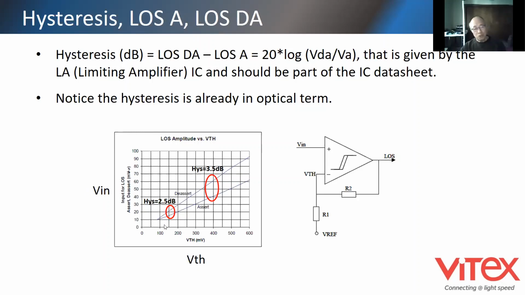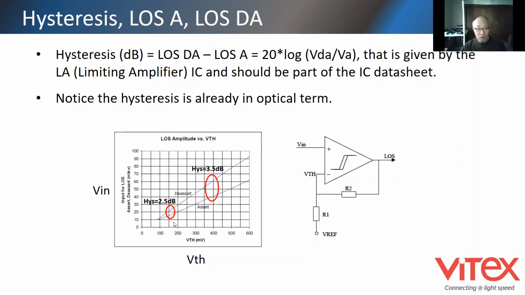And what I'm trying to show you is that the hysteresis tends to be much smaller at the low input power and tends to be bigger at the high input, right? Basically, it's because at the low input range, the noise is much bigger. So the noise itself, you can see the input line and the threshold line, they can both carry noise.